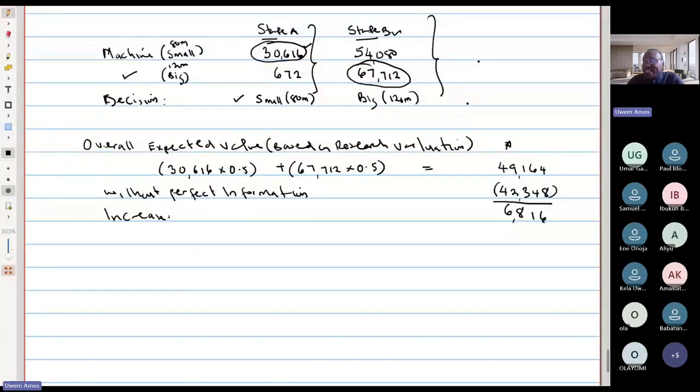So without that research, the value we expect is 42,348. With the research, the value we expect is 49,164, meaning there's a difference of 6,816. So if for any reason we want to pay for that research so that we can increase our return from this to this, the amount that we should pay should not be more than 6,816.